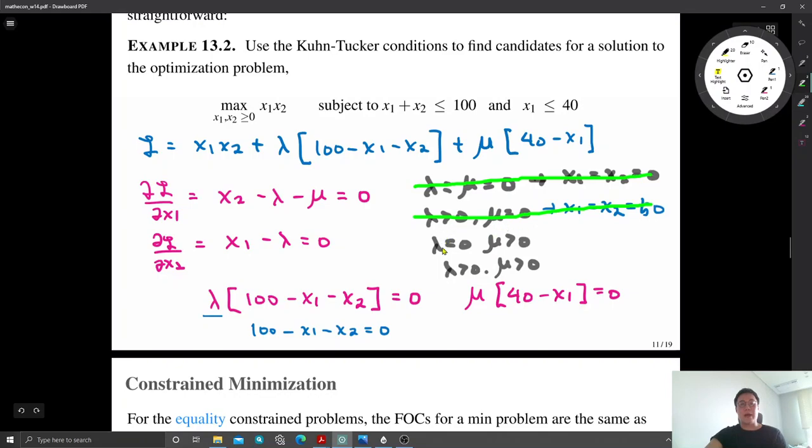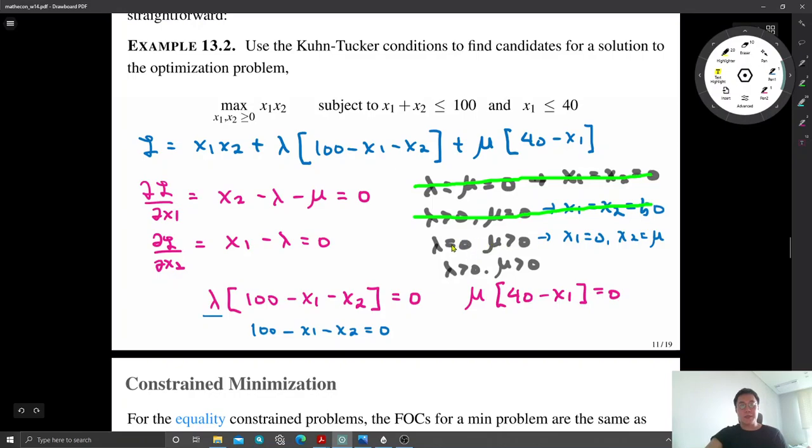Now lambda is equal to 0 and mu is strictly positive. Then from these two equations, we obtain that x1 is equal to 0 and x2 is equal to mu. And that contradicts the slackness condition.